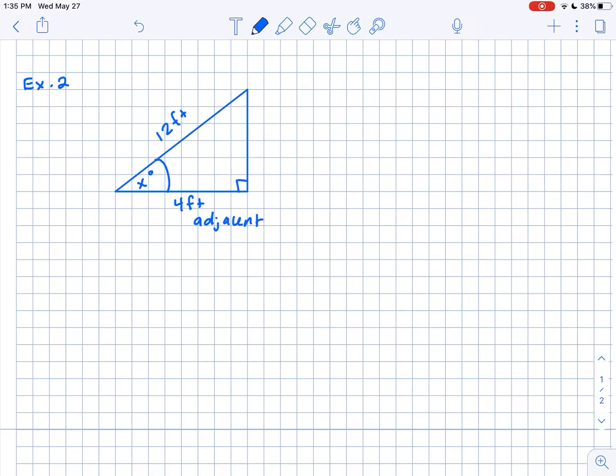So I know I have adjacent and I have hypotenuse. Adjacent and hypotenuse is going to be cosine. So cosine of x degrees is equal to the adjacent over the hypotenuse. Now, I want to get rid of cosine, so just like the previous question, I'm going to use the inverse of cosine.